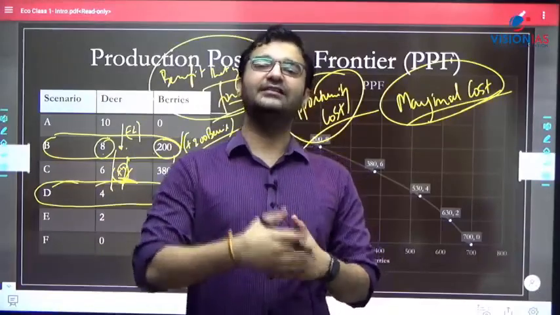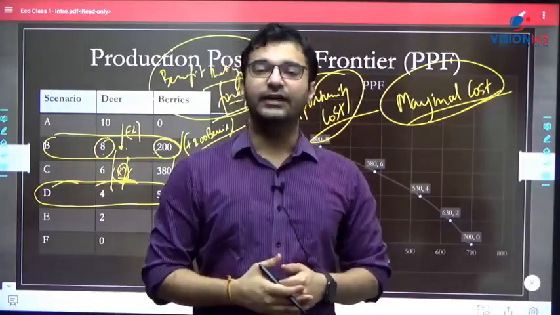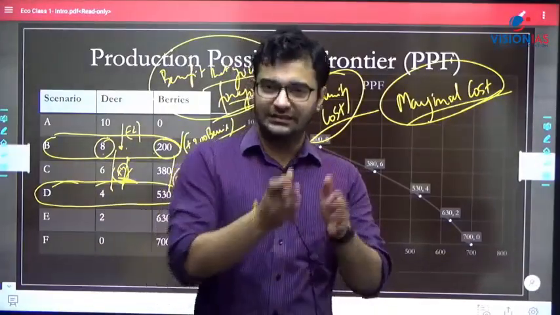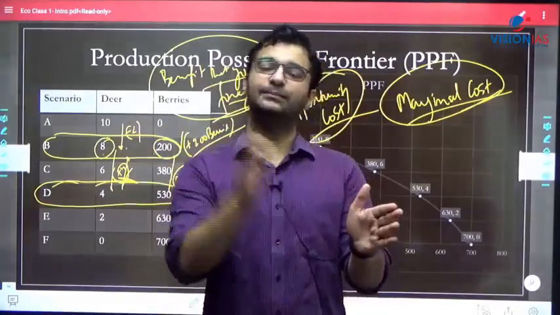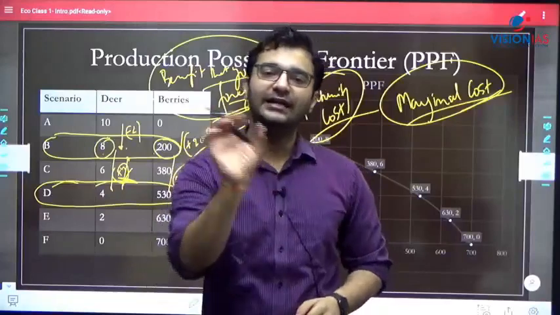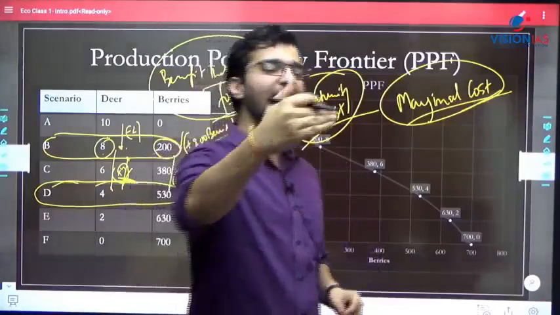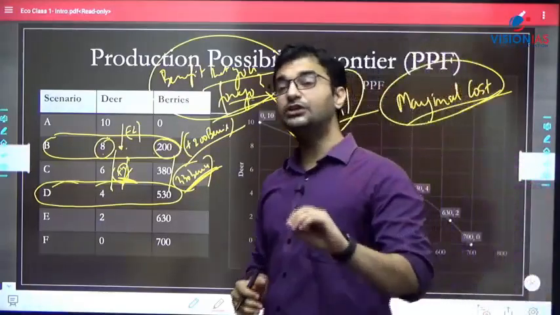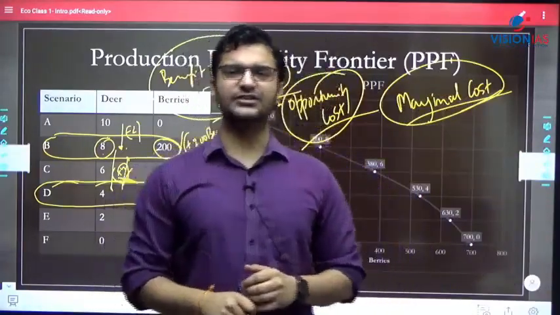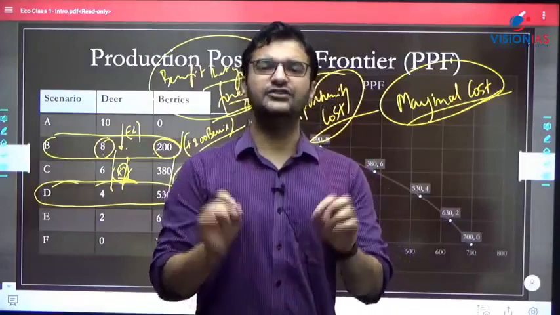Marginal means at the margin. Whenever you are talking about something plus one more, x plus 1, that is the margin. When you are talking at the margin, that is marginal. For example, marginal utility. Let me give you an example of marginal utility. What does marginal utility mean?